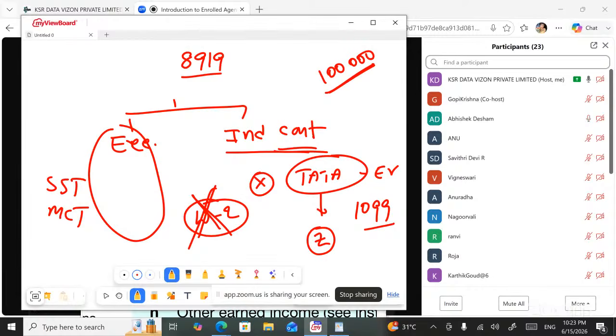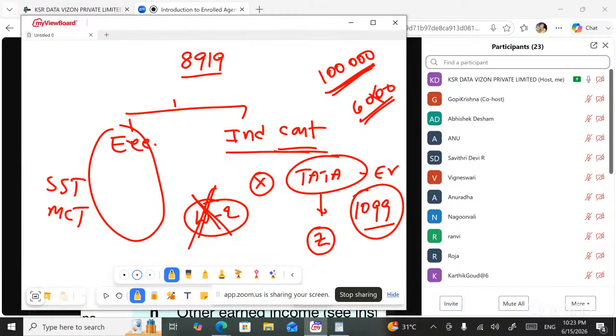Now in our case, even though the real relationship between the two parties, Tata and Z, is employer and employee, Tata company treated Z as an outside service provider, simply paid the 1 lakh amount, ignored payment of the 6,000 additional payments to the other department, and simply issued form number 1099.